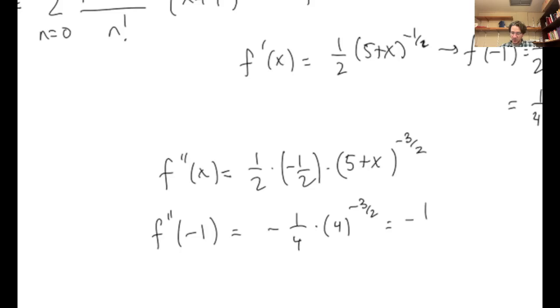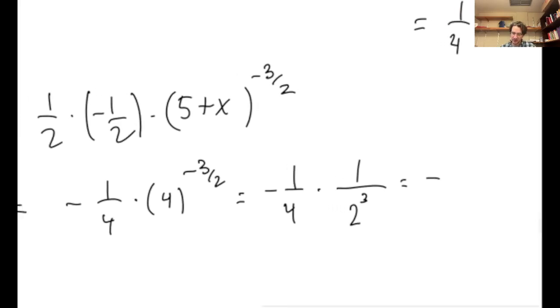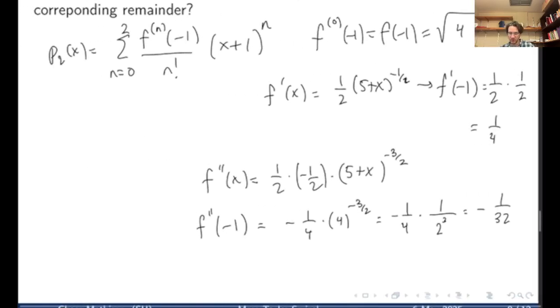That's minus 1/4 times 1 over 4 to the 3/2. 4 to the 1/2 is 2, so that's 1 over 2 to the third. So that's minus, 4 times 8, yeah, minus 1 over 32.